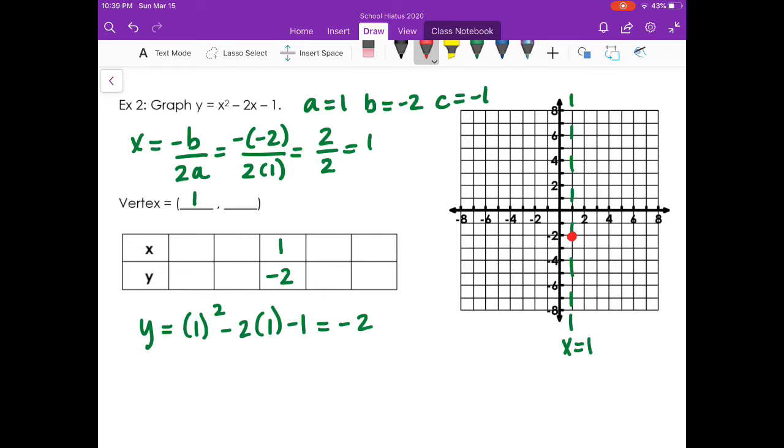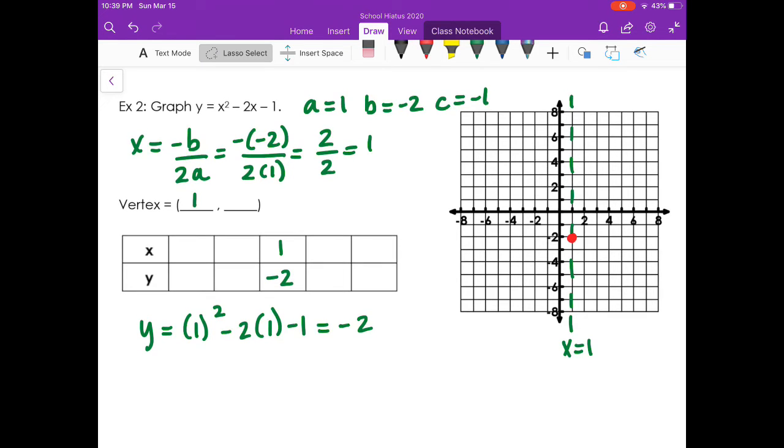I've plotted the point 1, negative 2, and now I'm ready to start graphing the rest of the function. We're going to follow the pattern of the parent function y equals x squared. The vertex will be represented by 0, 0, and the other ordered pairs will represent moves away from the vertex on the right and the left of the vertex.